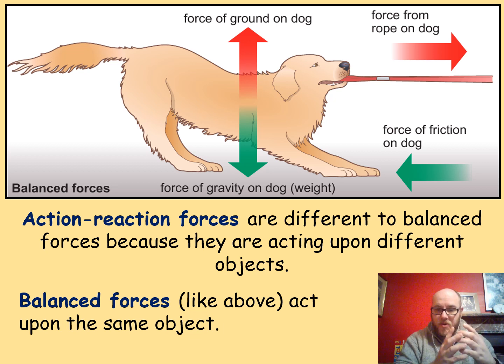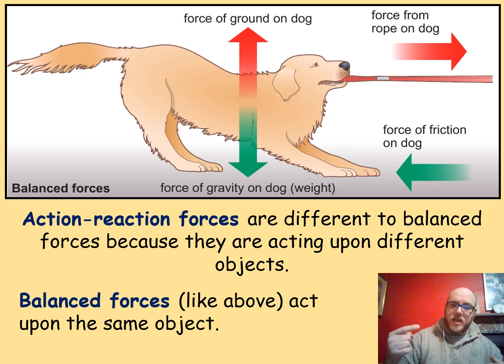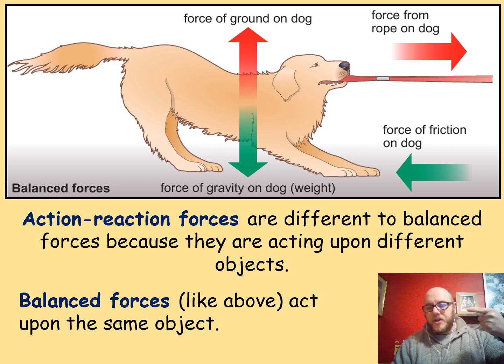Okay, so both of those are about the dog. The force of rope on the dog and the force of friction on the dog. So the force of friction is pushing in the opposite direction. But the force of friction is pointing this way on the dog. So these forces were on the dog.